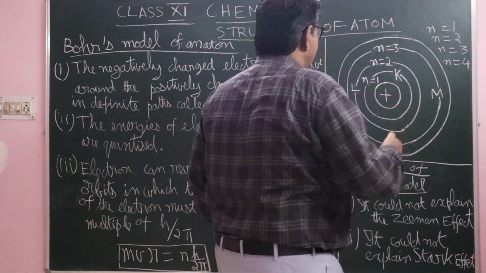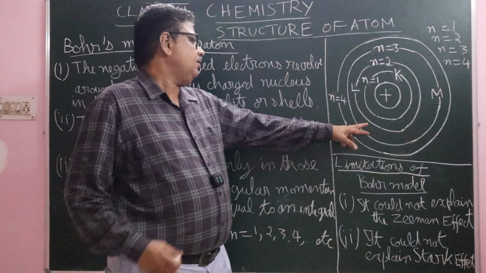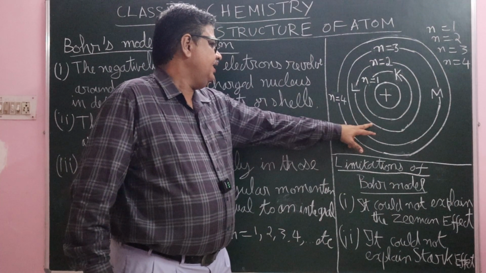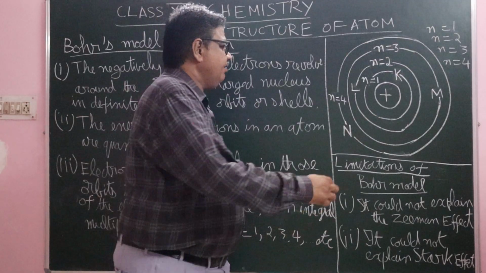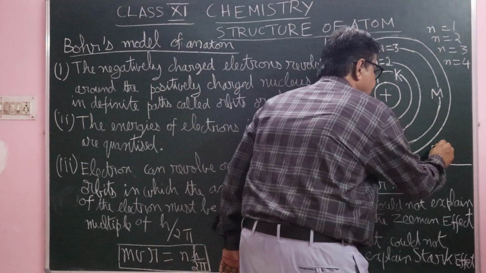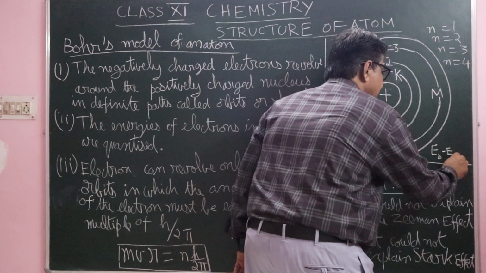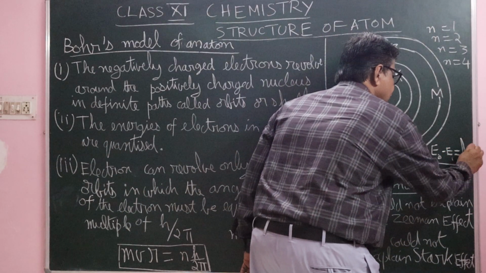For example, if the electron jumps from L shell to K shell, we can write E2 minus E1 equal to h nu.